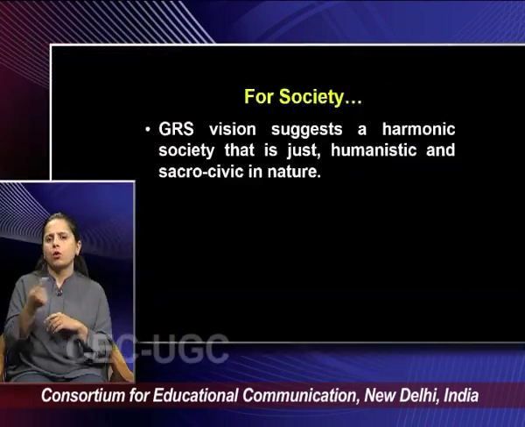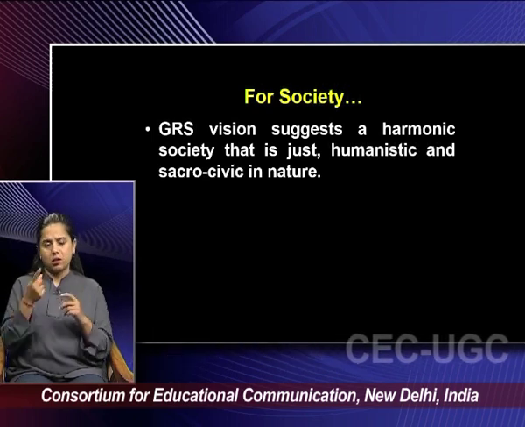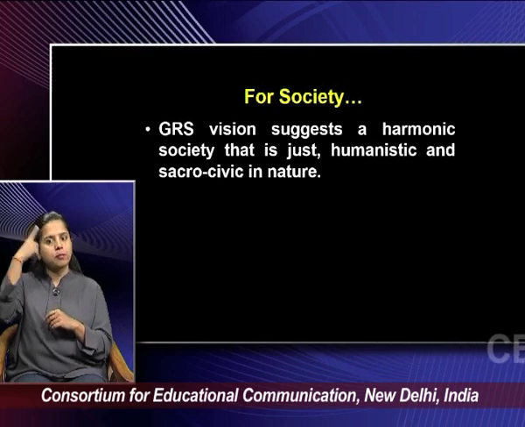Society is basically a group of individuals, because we all individuals form our society. Now GRS vision suggests a harmonic society, which is just, humanistic, and sacro-civic in nature. We are going to dream of a society which is harmonic in nature, and it is just, humanistic, and sacro-civic in all aspects.